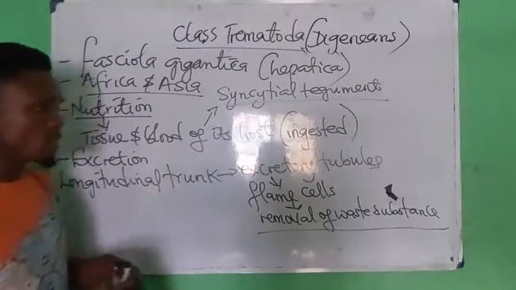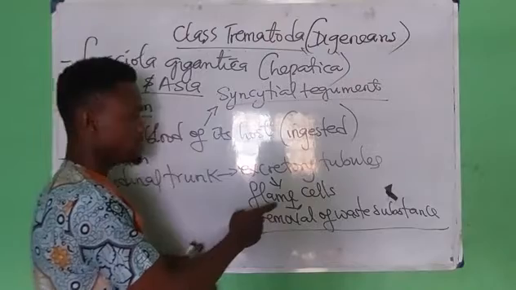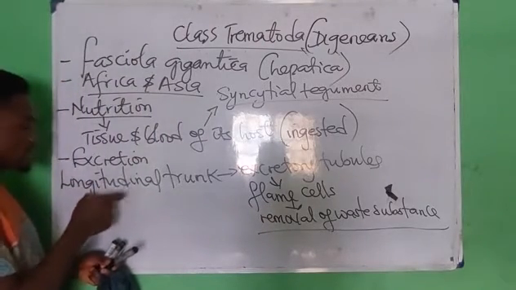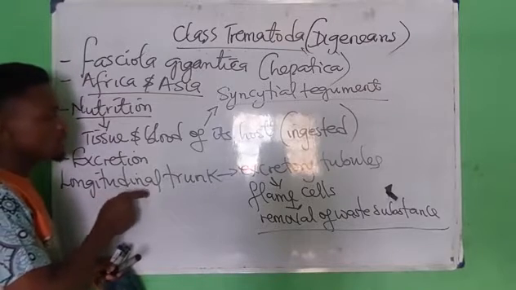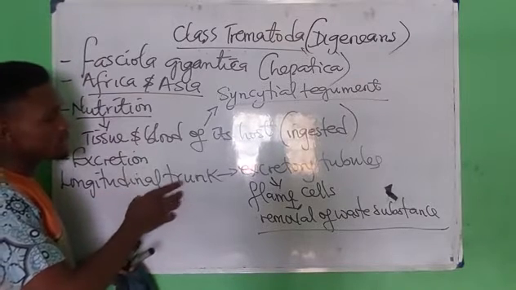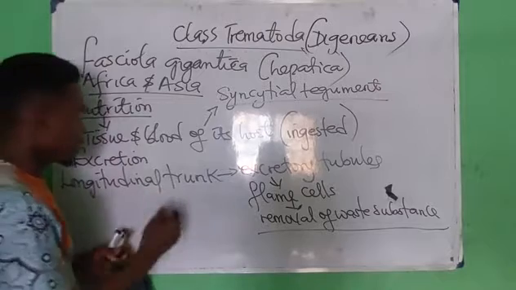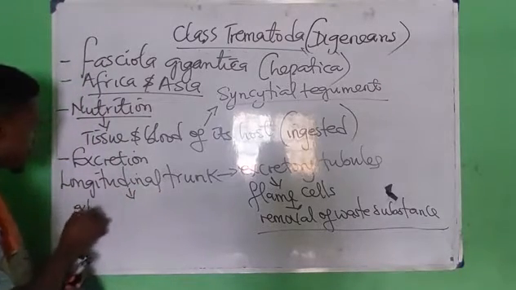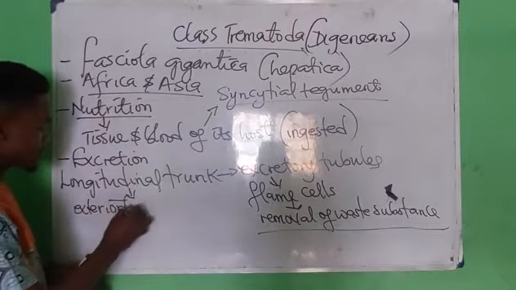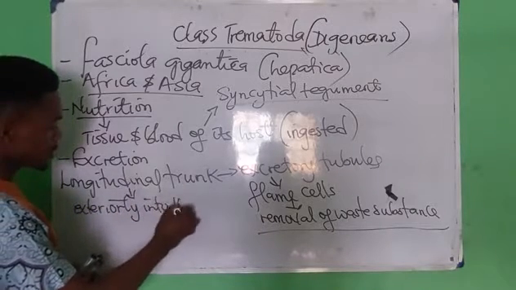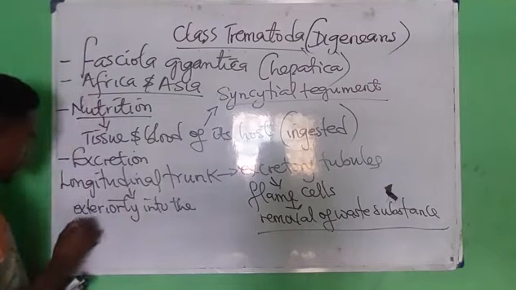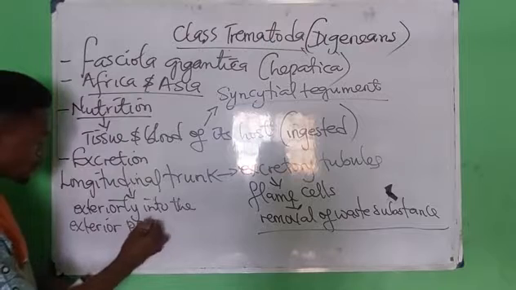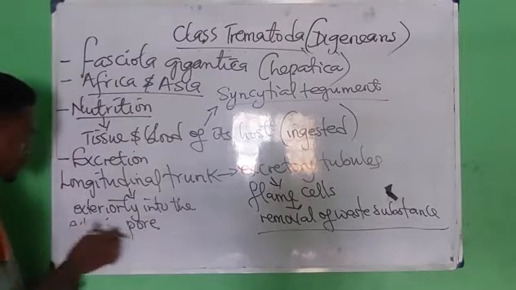As soon as waste has been collected by the flame cell, it is emptied into the longitudinal trunk. As soon as the waste product gets here, what happens? This trunk opens exteriorly into the excretory pore.